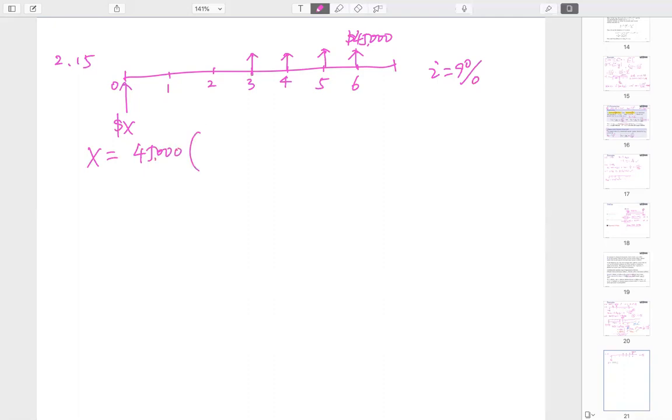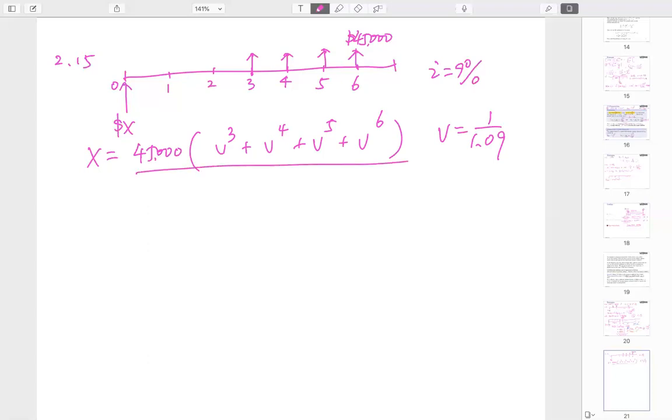For this, I need 3 years, 4 plus 5 plus 6. I think you have a calculator, right? This can be calculated relatively easily, right? So v is 1 divided by 1.09. So it can be done in 20 seconds. Of course, we don't want this. We want to analyze.